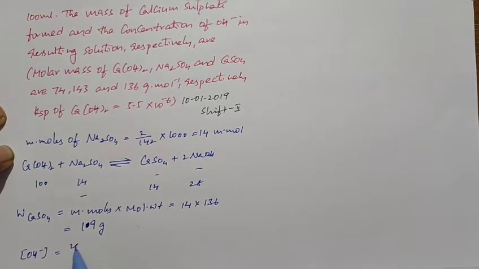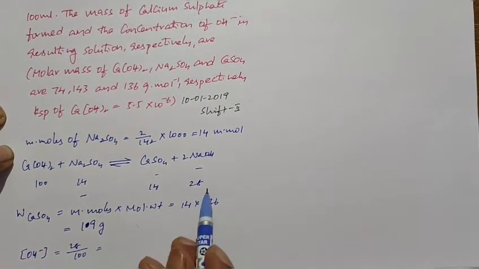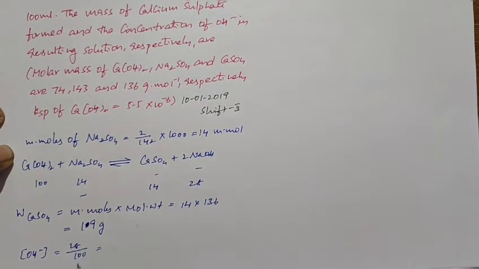The concentration of hydroxyl ion is equal to millimoles by volume. So 28 divided by 100, then we get 0.28 molar. So this is the weight of calcium sulfate and the concentration of OH minus ions in the given solution.